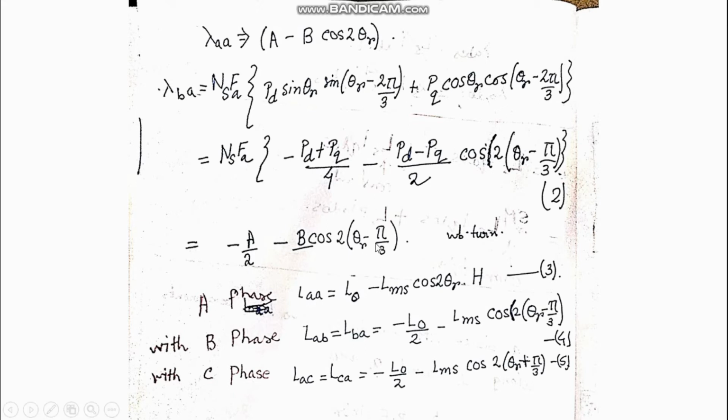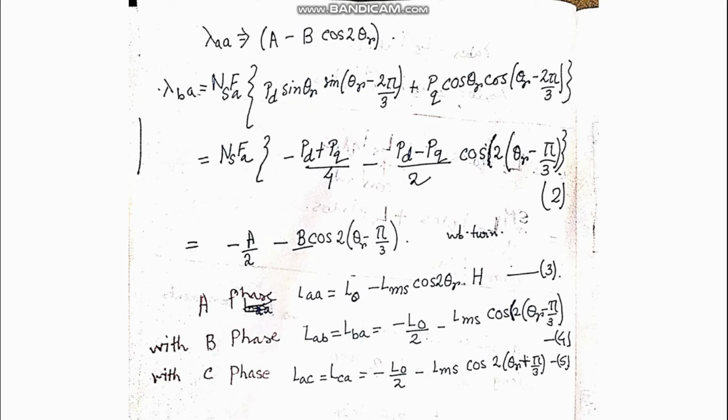So you may ask me, sir, why is this only minus pi by 3? Why not 2 pi by 3? See, the thing is that this second 2 pi by 3 depends on the stator winding position. It has nothing to do with your rotor mechanical position. Rotor mechanical position is only responsible for varying this part, because this permeance is exactly varying with your rotor mechanical position, proportional with cosine of twice your rotor angle.